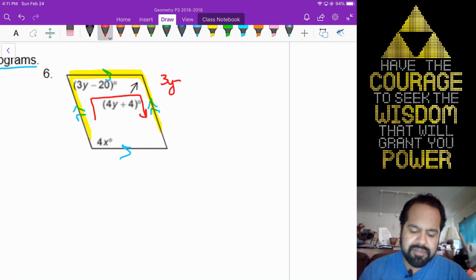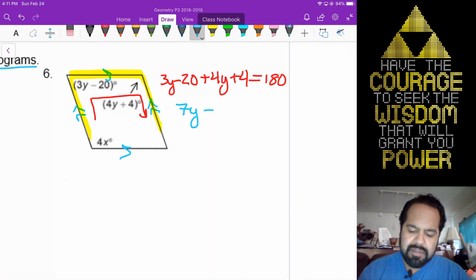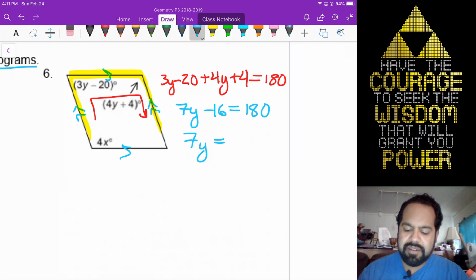So 3y minus 20 plus 4y plus 4 equals 180. So then, combining like terms, we're going to have 7y minus 16 equals 180. Wow, that looks definitely not like a 7. 7y, when we add 16 over, we're going to have 196.